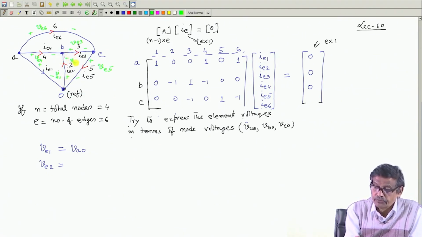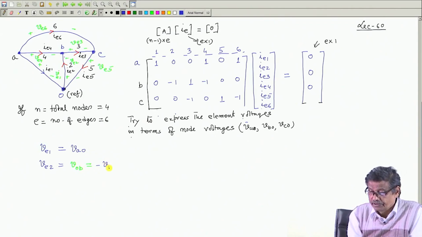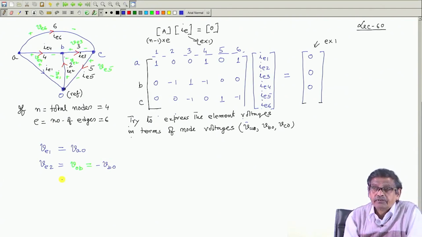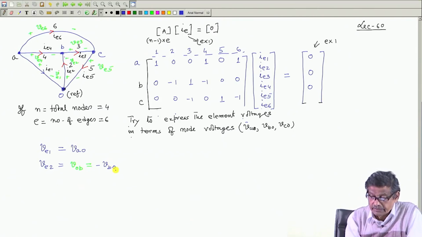So, VE2 will be V0B, which is equal to minus VB0. So, VE2 will be the negative of VB0, which is another node voltage.